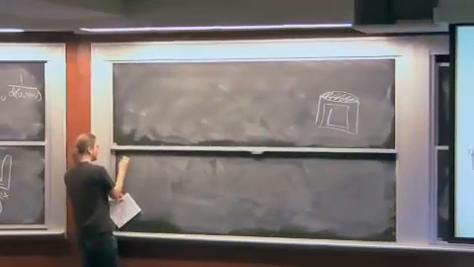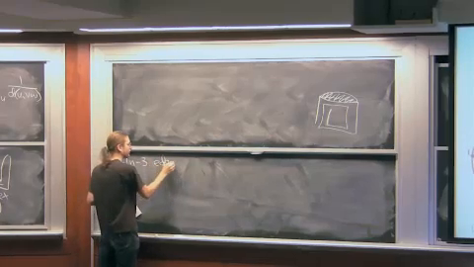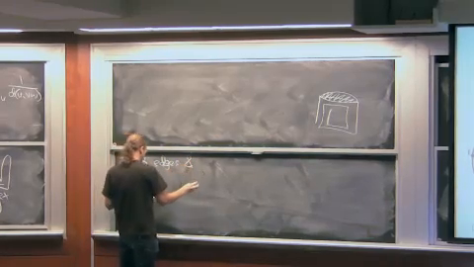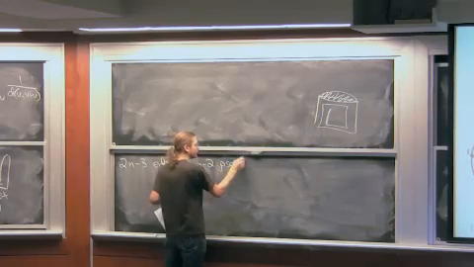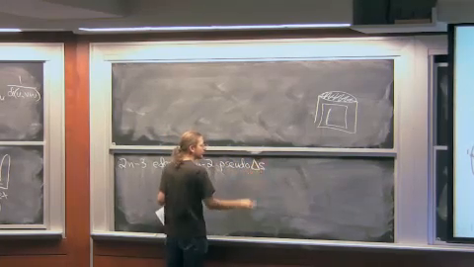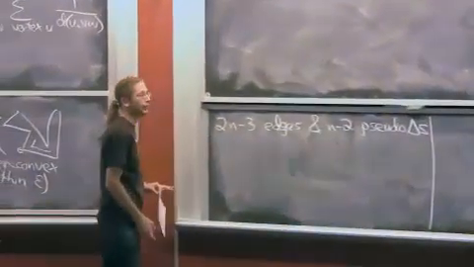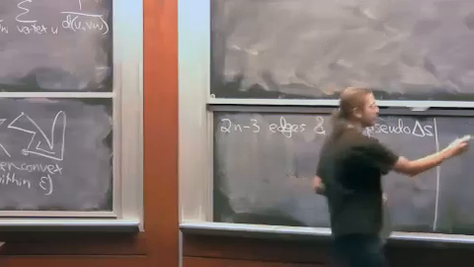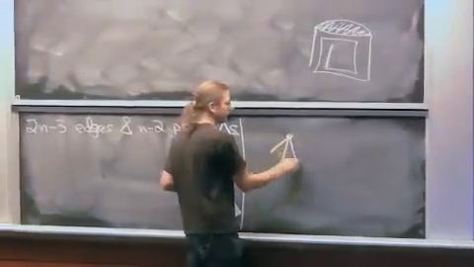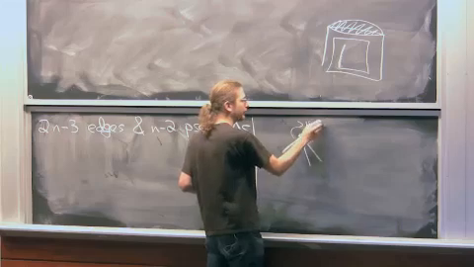A pseudotriangulation has 2n minus 3 edges and n minus 2 pseudotriangles. Always. If you draw a pointed pseudotriangulation, remember pointed means that at every vertex of the pseudotriangulation you have some angle, a reflex angle bigger than 180.